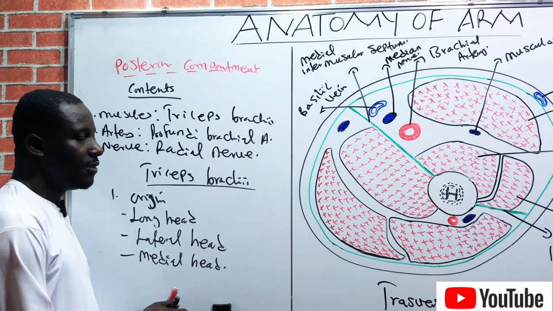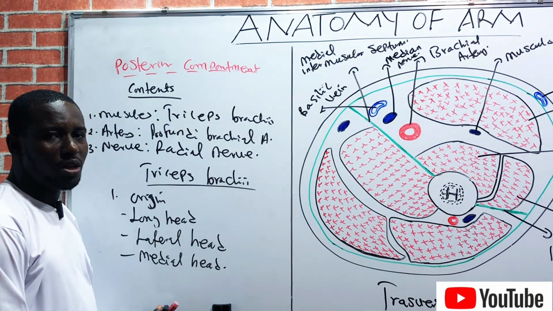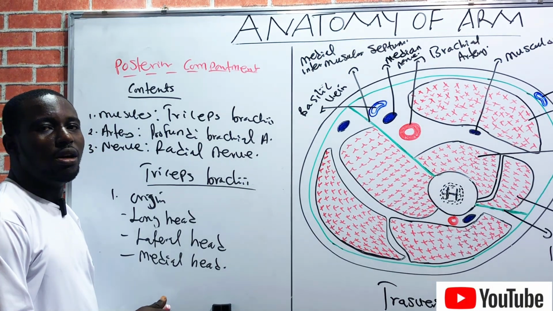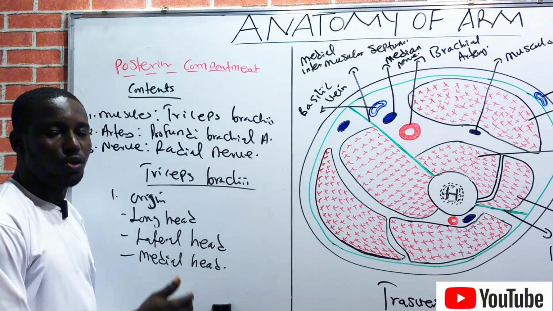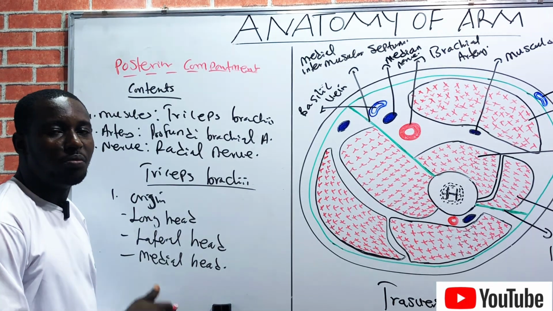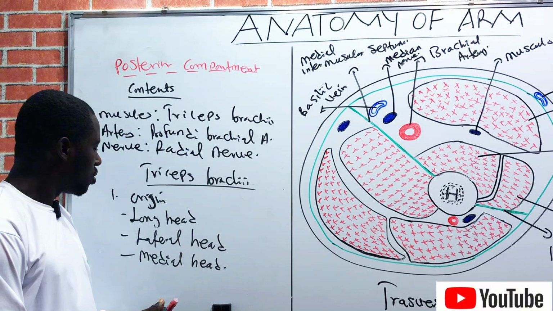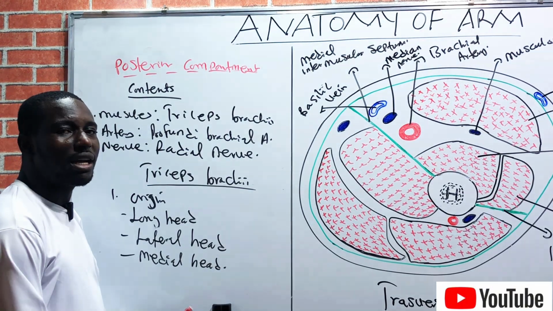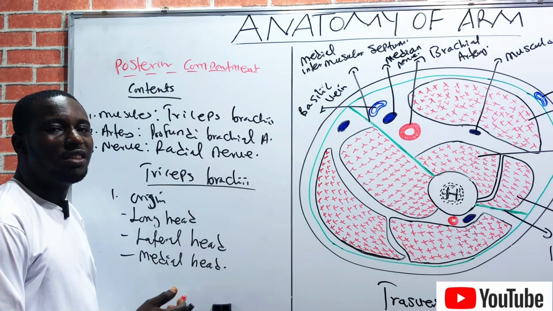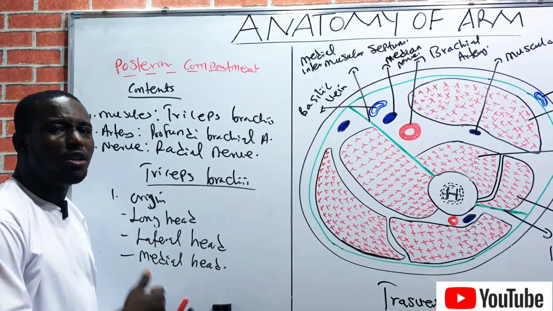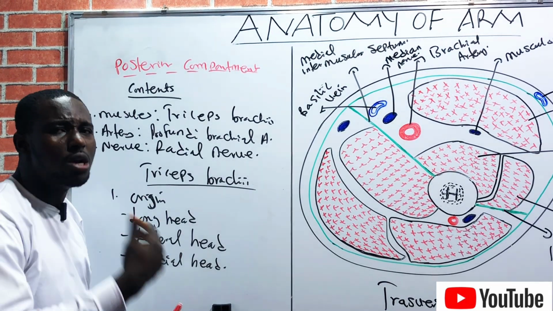The lateral head originates from the oblique ridge above the spiral groove on the upper part of the posterior surface of the humerus. So the lateral head of the triceps brachii originates from the oblique ridge above the spiral groove on the upper part of the posterior surface of the what? The humerus.